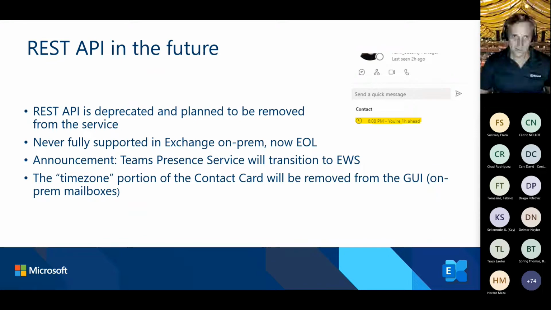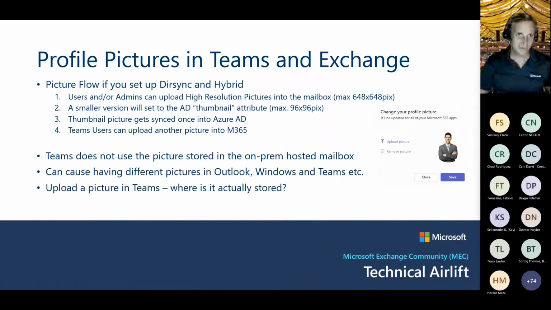So, last topic, which doesn't really belong to Teams or Exchange, but is quite frequently asked. How does the profile picture work in a hybrid environment with Teams and Exchange on-prem? It works as follows.